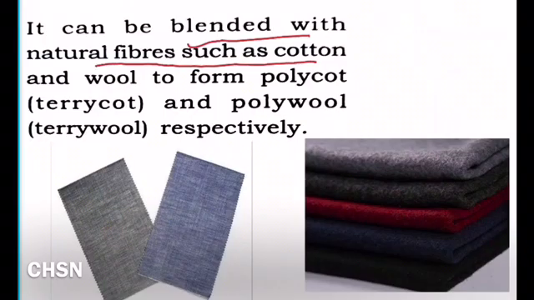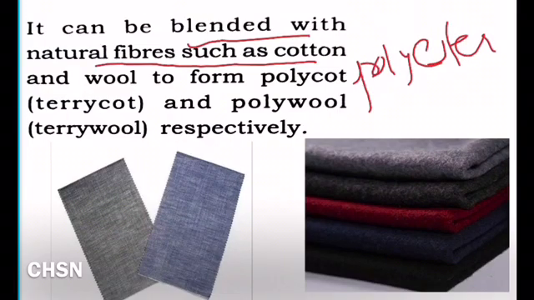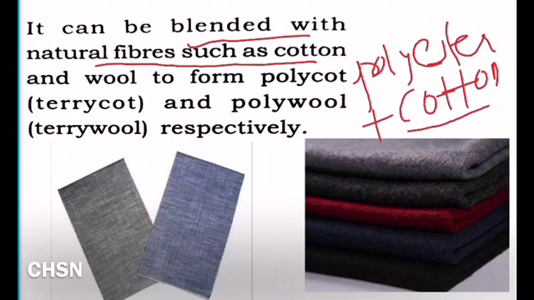That is, we have the synthetic fiber polyester, and we will mix or combine polyester with another fiber, like natural fibers like cotton. So when you combine polyester fibers and cotton fibers, we will get a new form of fiber that is called polycot.